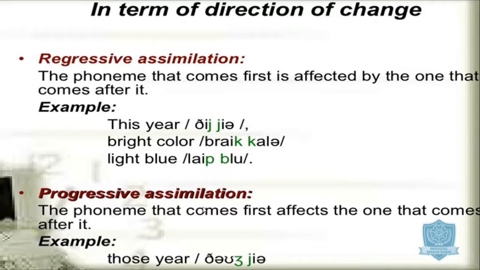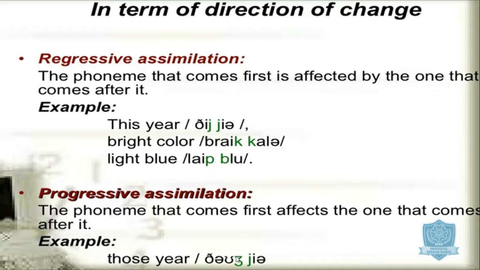The second one is progressive assimilation, namely the phoneme that comes first affects the one that comes after it. Here is a simple example: this year.